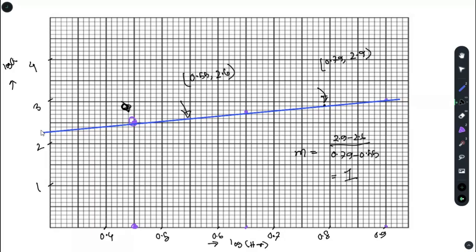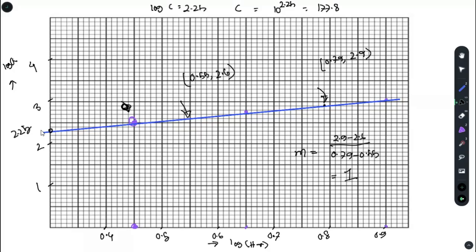And for C, let's say the line has crossed over here, and the value here, although it is looking like 2.3, let's say it is 2.25. So you'll get log C is 2.25. For C you'll get 10 to the power 2.25, which is 177.8.